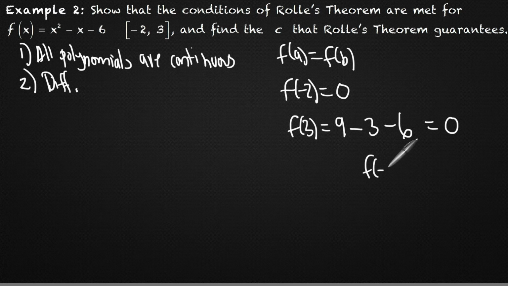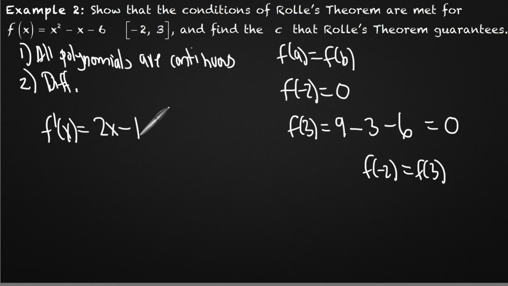Well, f of negative 2 equals f of 3. So we know that there's got to be some point between negative 2 and 3 where the slope of this function is equal to 0 because the slope between these 2 points is 0. If we connect them, so f prime of x is 2x minus 1.